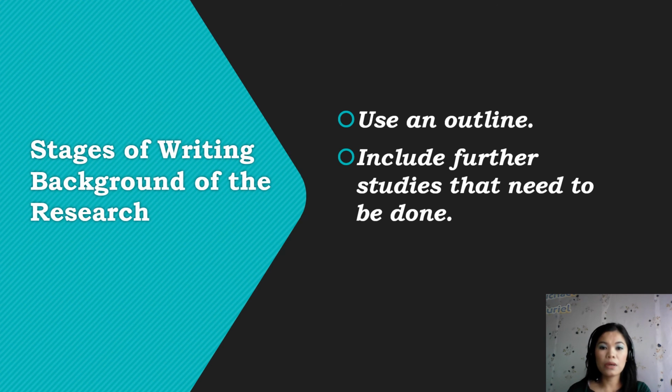You have to include further studies, because your research is not an absolute end. Over the years there will be changes that will happen, so you need to also include what further studies need to be done in your research.